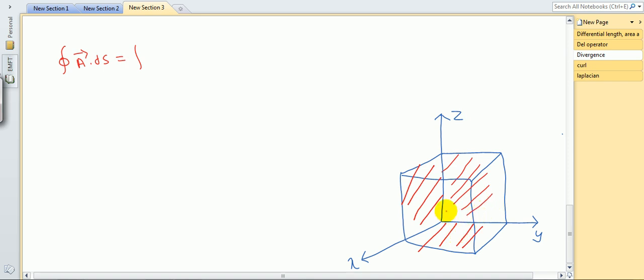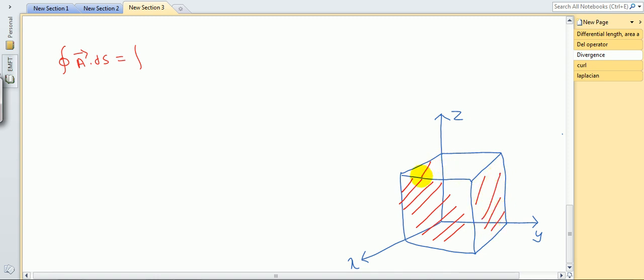So we have to calculate surface integration for only the three surfaces which are remaining. The three surfaces which have non-zero surface integration are this surface, the front one, this surface, the right one, and the upper surface.